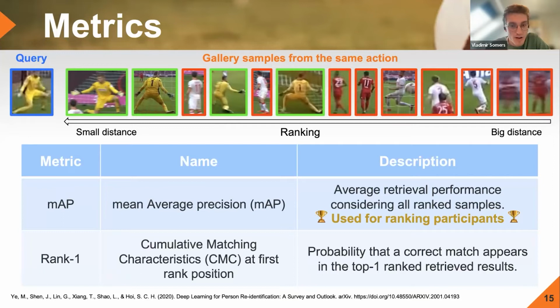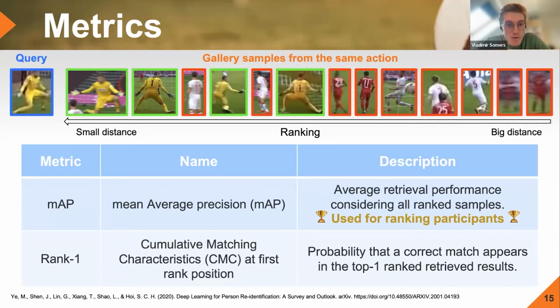After that, we have the rank 1 accuracy, which actually comes from the cumulative matching characteristic, so the CMC curve. And we keep only it at the first rank position. And so that rank 1 accuracy is actually a way to measure the probability that the correct match appears at the top of the ranking, so the top ranked sample.